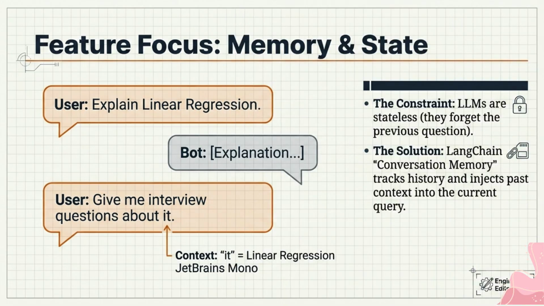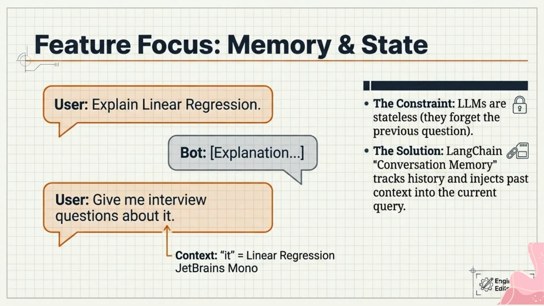Memory and state. Here's the issue. User asks, explain linear regression. Bot explains. User follows up: give me interview questions about it. What's it? Linear regression, obviously. But LLMs are stateless. Each call is independent. The model doesn't remember the previous question.